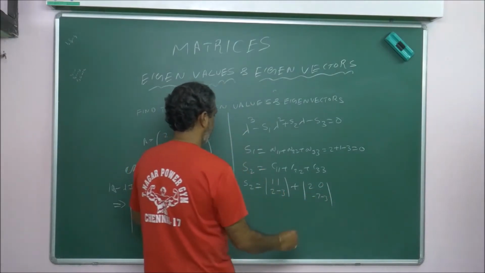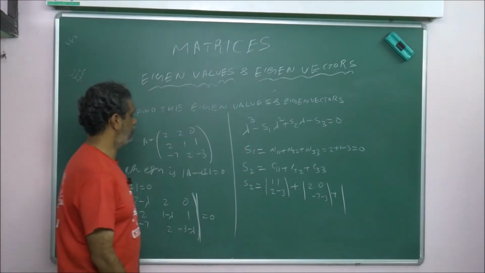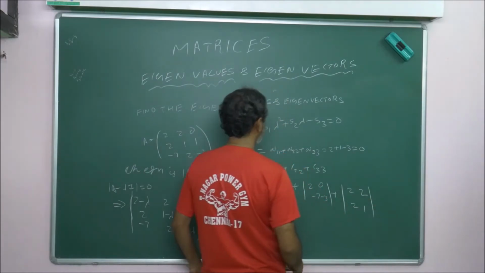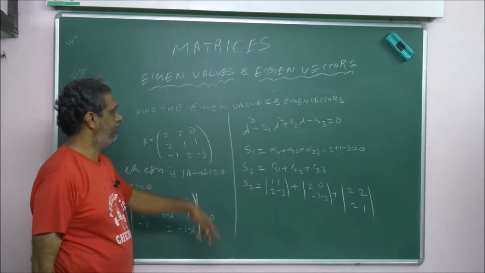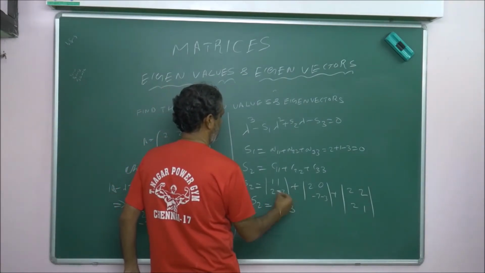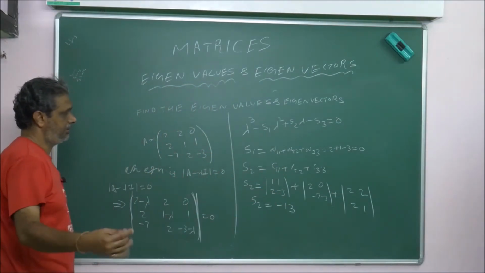Then the cofactor of minus 3, leave its column and row: 2 2, 2 1. I am skipping this; if you want, you can see video 3 where I solved everything. Directly, S2 is equal to minus 13. You can check it, that is the simplification part you can do yourself.